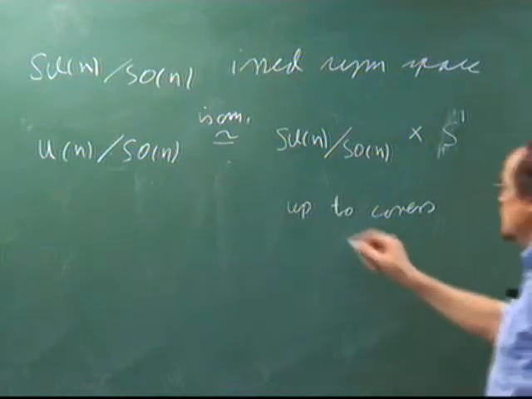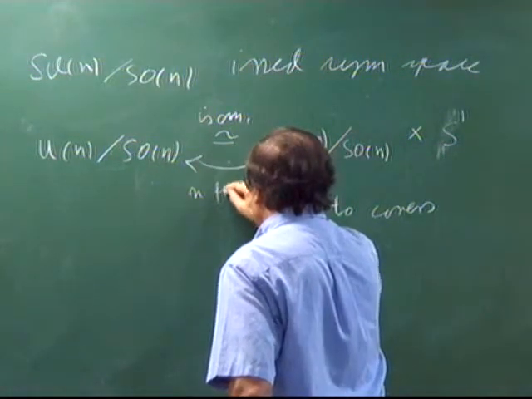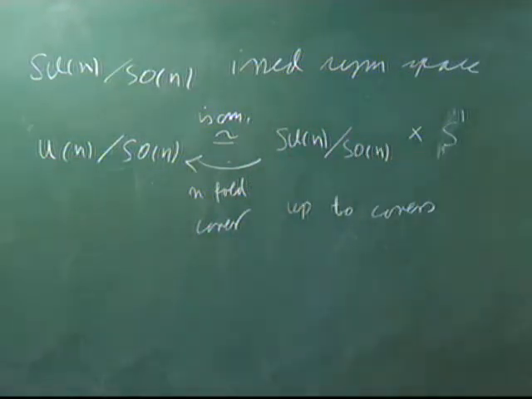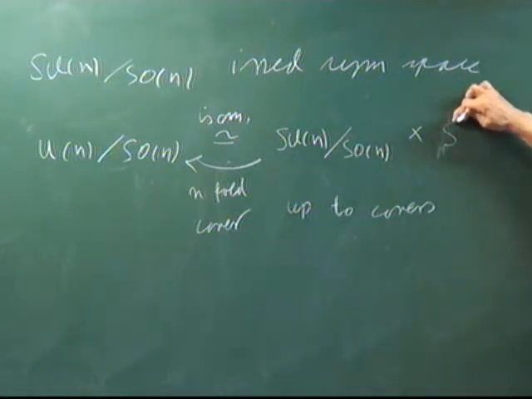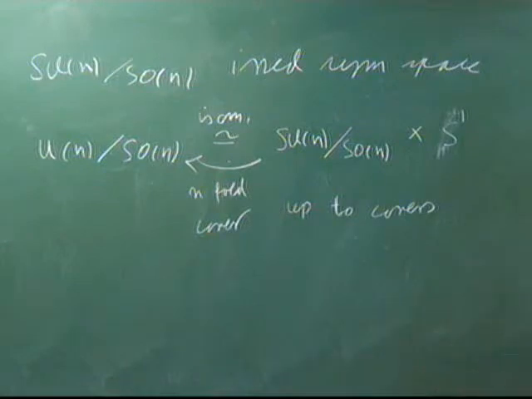So in other words, there's a natural map from here to here, which is an n-fold cover. Remember we had this discussion that there was a map, say, from SU(N) cross a circle onto U(N), which is an n-fold cover. And you convince yourself that if I divide by SO(N), I also get an n-fold cover again.